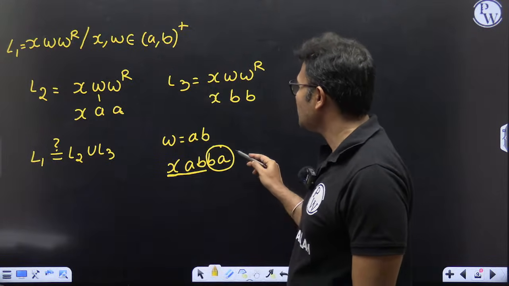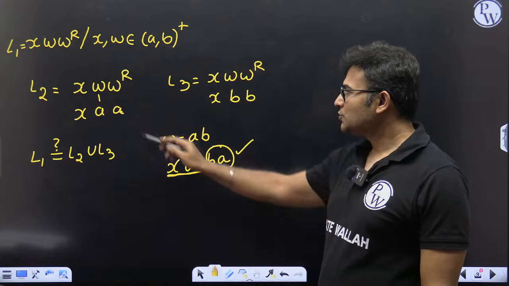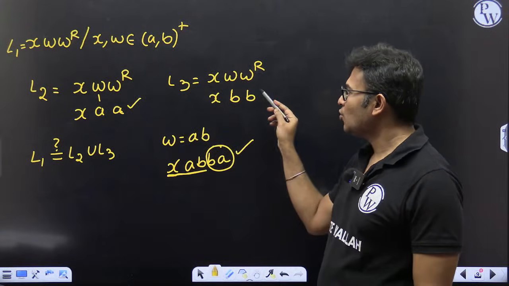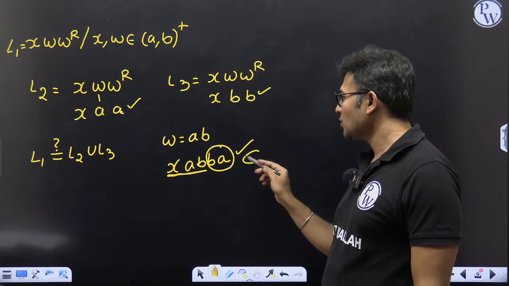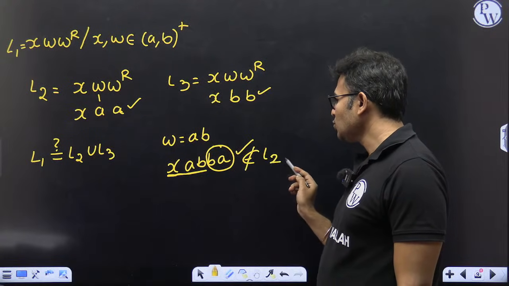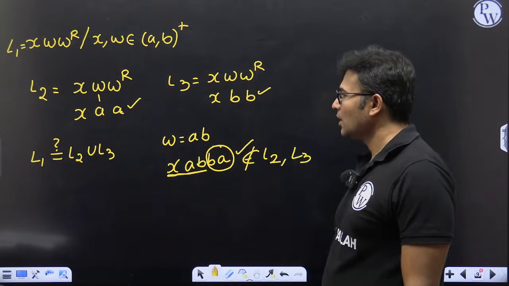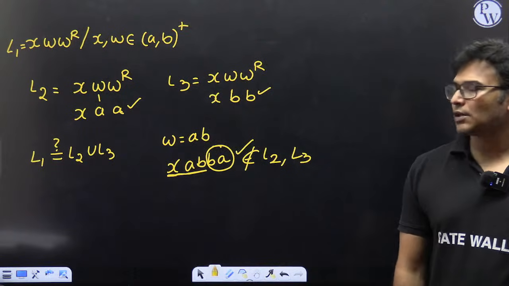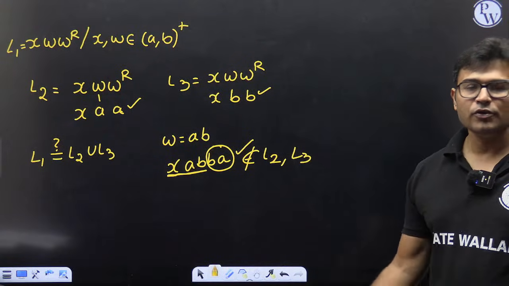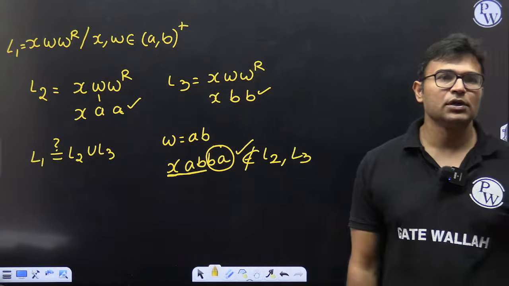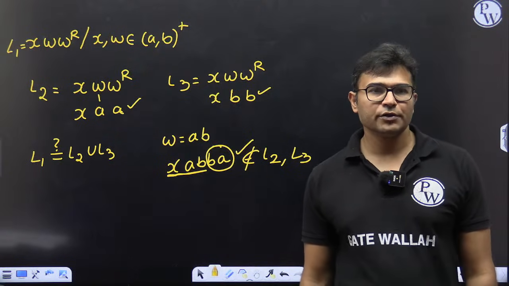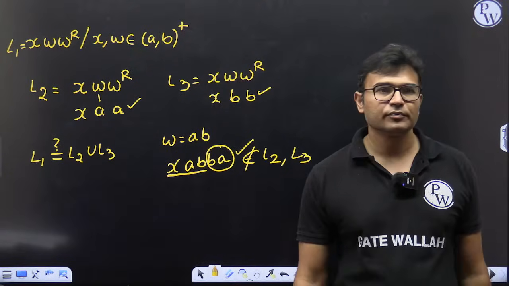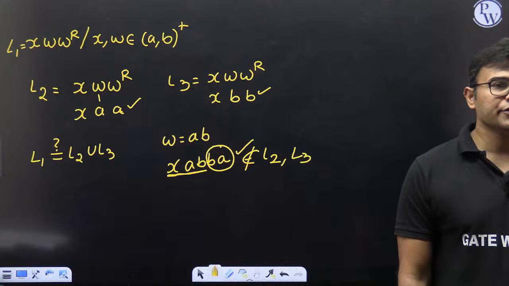When you are ending with BA, it does not belong to L1, L2 or L3, right? It does not belong to either L2 or L3. Now test it with the other string.